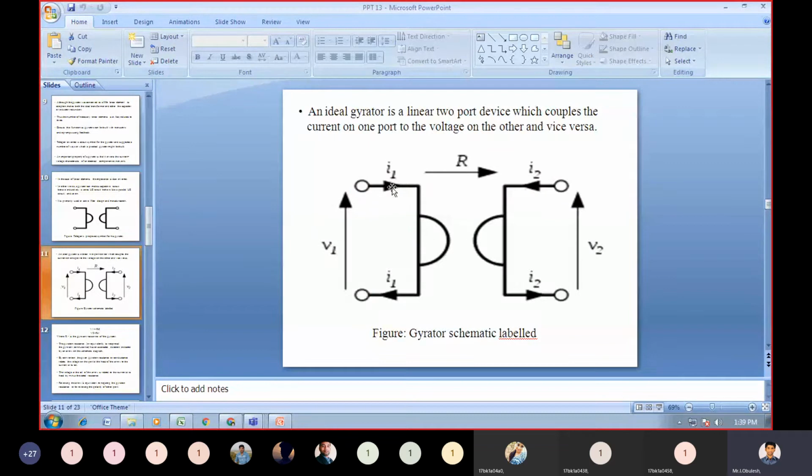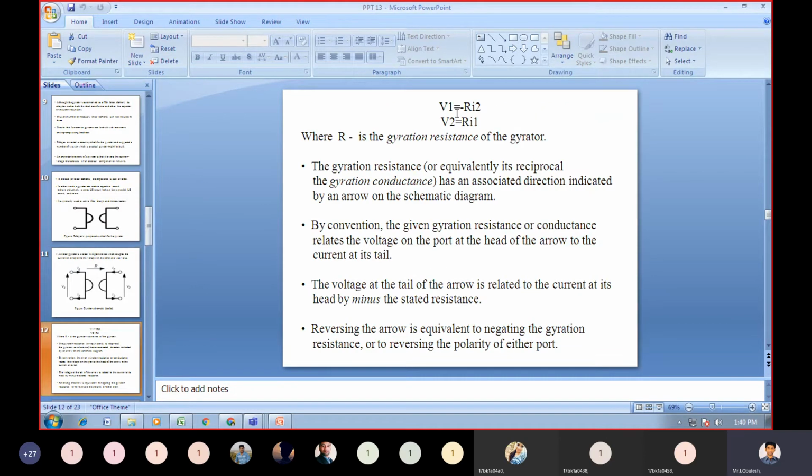By convention, the given gyration resistance R, sometimes called gyration conductance, relates the voltage at the head to the current at the tail by minus the resistance value. We already discussed that: V1 equals minus R I2.